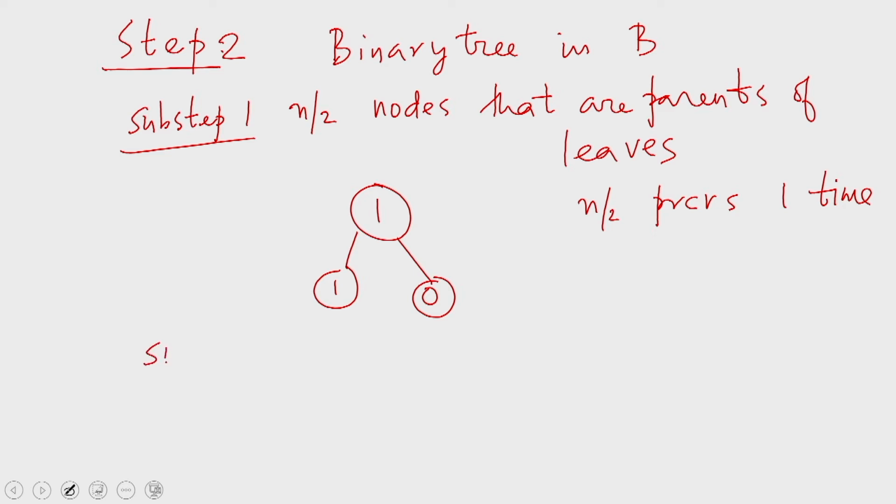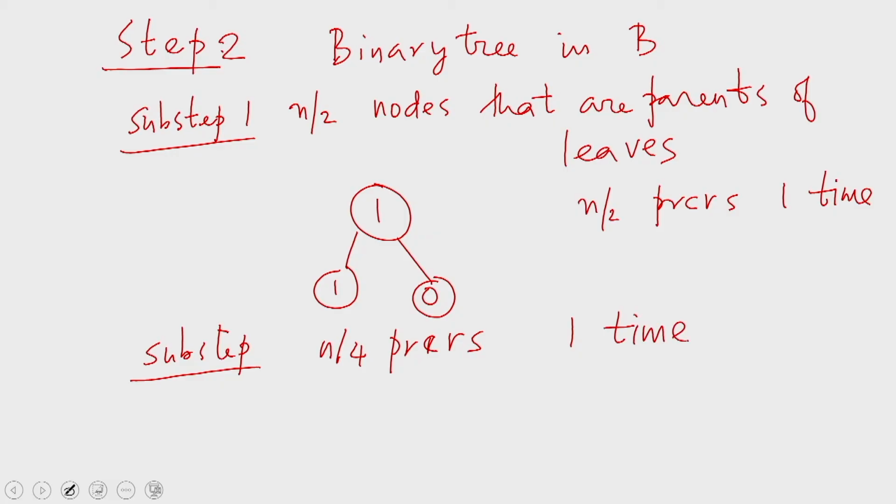In the second substep, we use n by 4 processors. These n by 4 processors will occupy the parents of the nodes which were computed in the previous substep, and these nodes can again be filled in unit time.